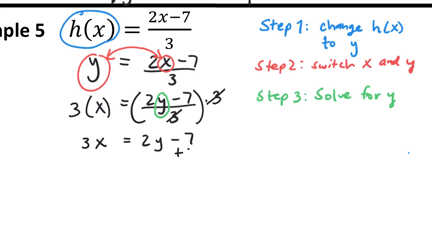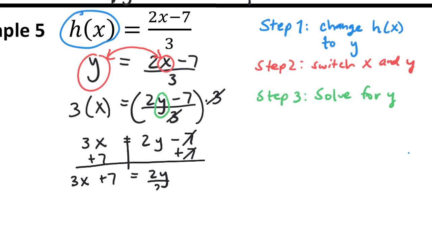Then I gotta add 7 on both sides. That gives me 3x plus 7 equals 2y. The 7's cancel. And then the opposite of multiplying times 2 is dividing by 2.